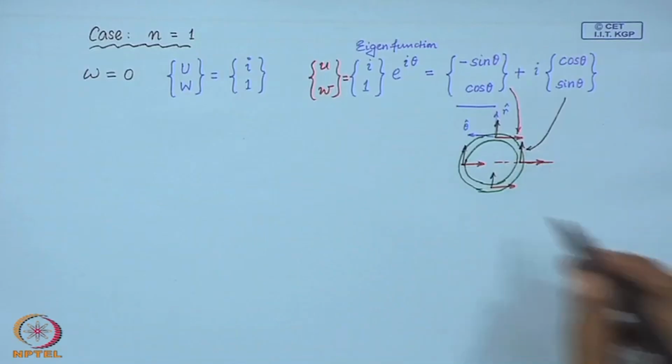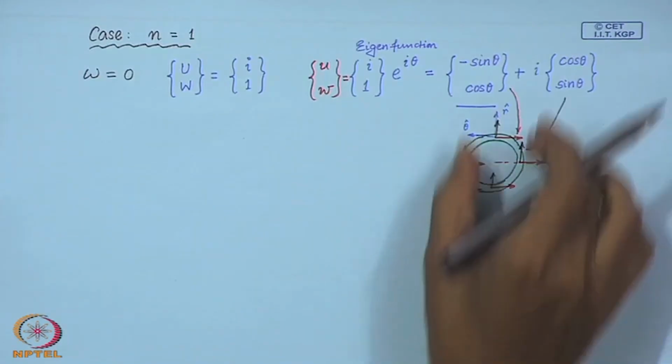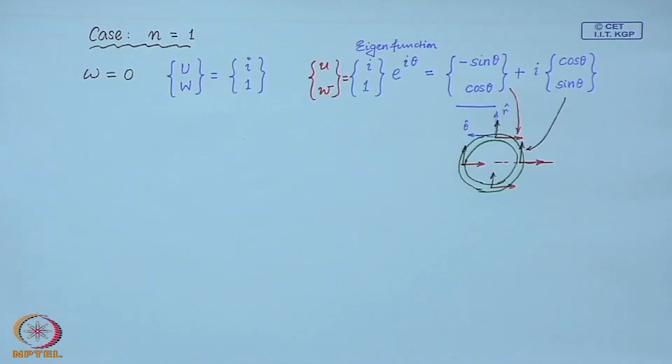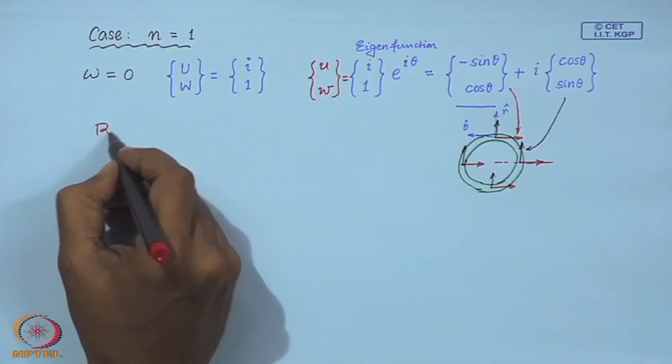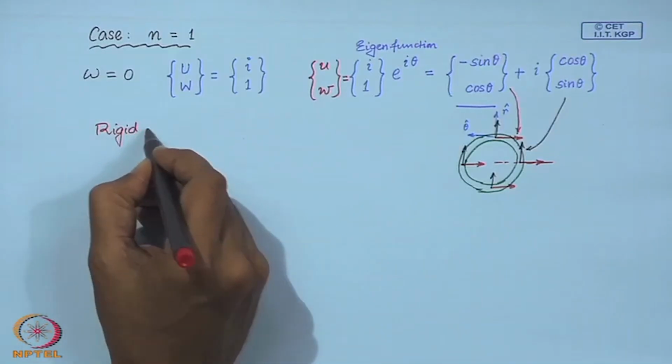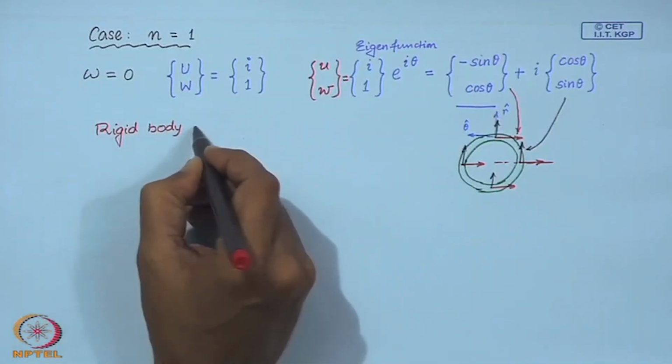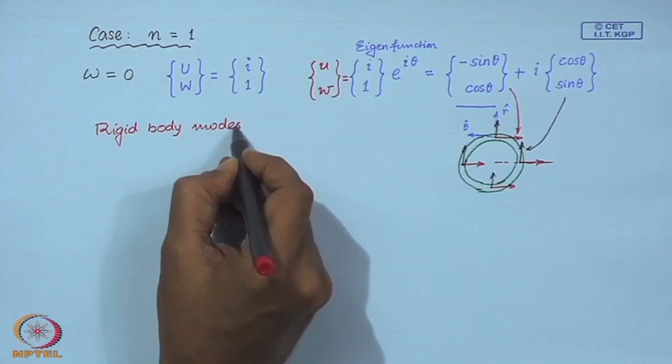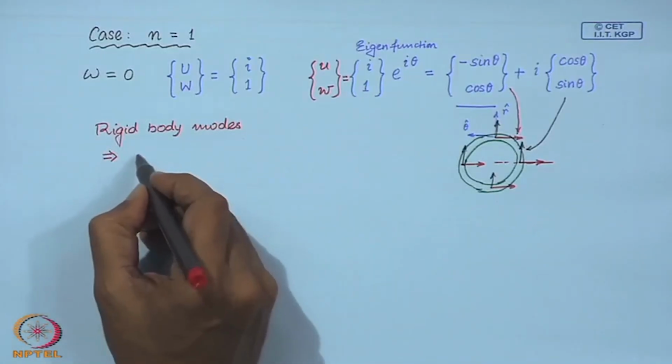So, these are nothing but the rigid body modes in the x direction and in the y direction. So, these are again rigid body modes which imply linear momentum conservation.